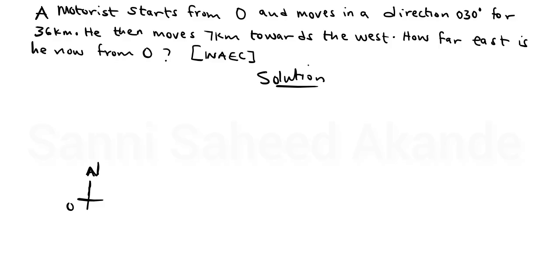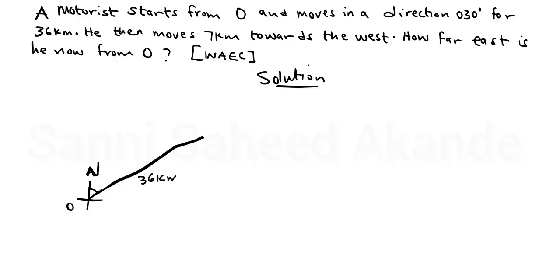So let's assume the motorist moves and covers this at 30 degrees. Then I will move this way in that direction. So the angle here is 30 degrees, and it got to this point, and the total distance covered is 36 kilometers.